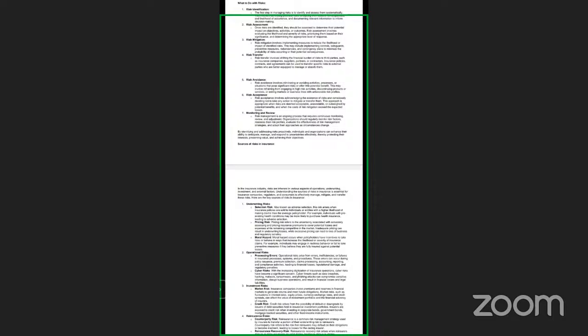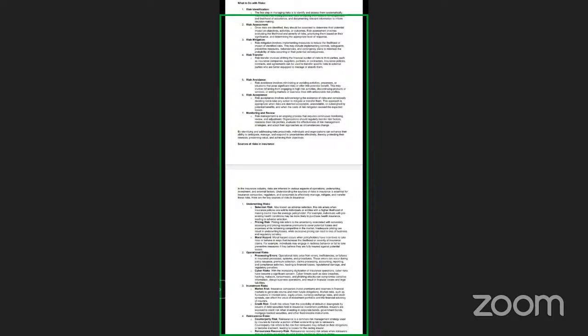So risk mitigation basically involves the measures which the insurance company needs to implement to reduce the likelihood or impact of the identified risk. So to reduce the frequency of risk and the severity of risk, risk mitigation measures have to be taken by the insurance company.